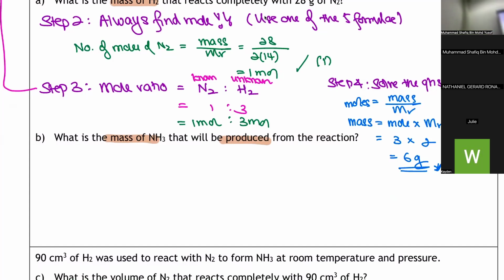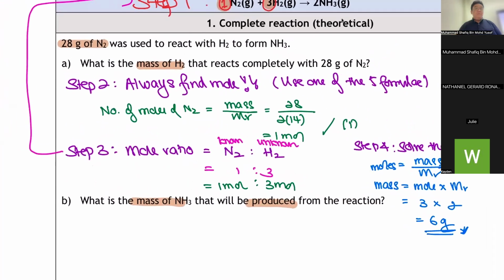Go and find for me the mass of ammonia produced.